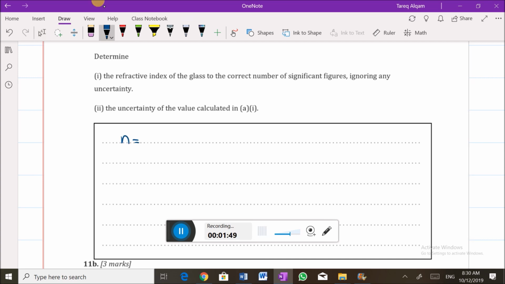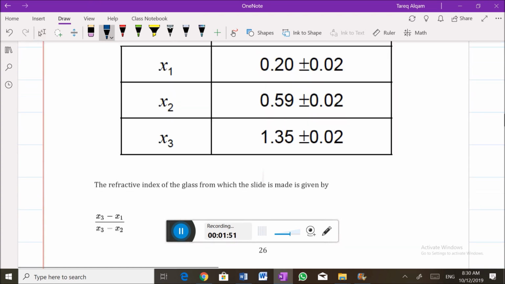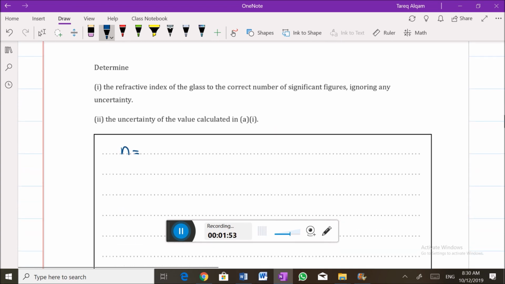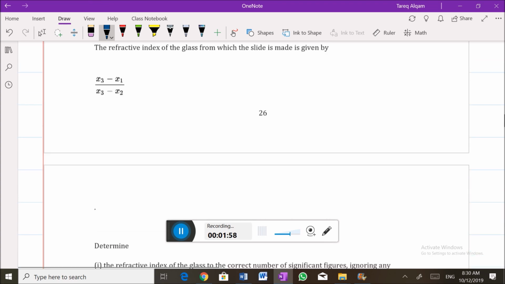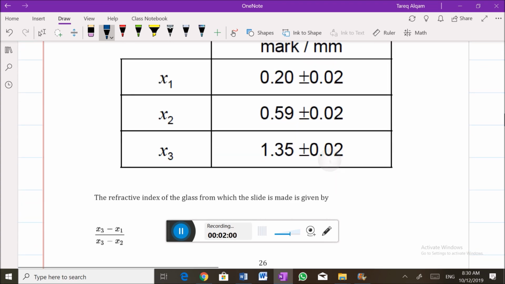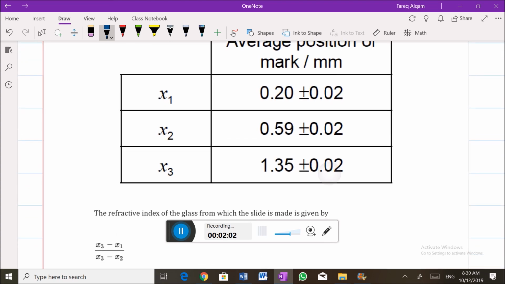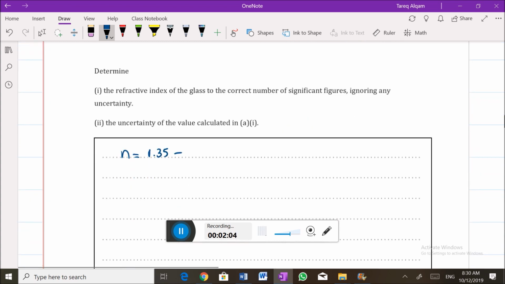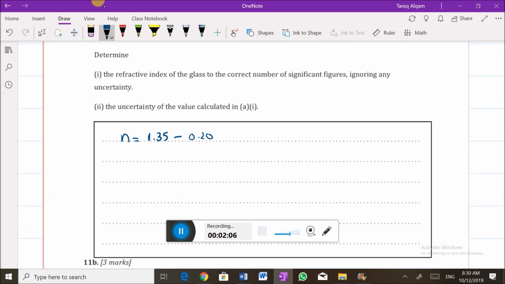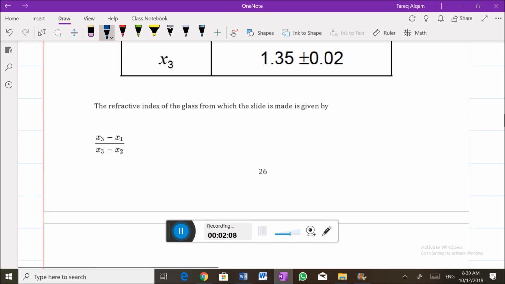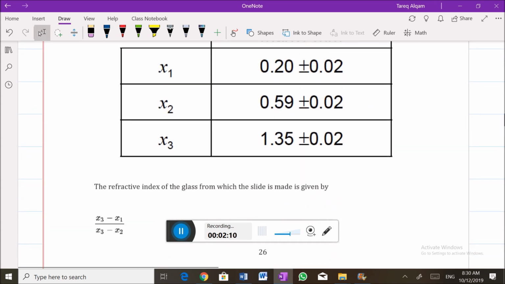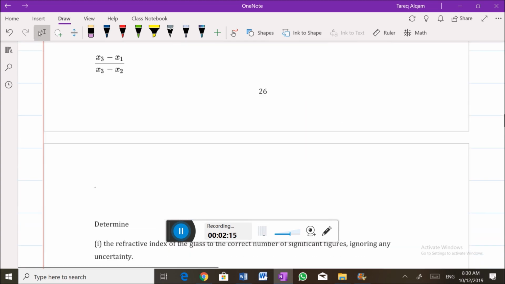Refractive index equals x3, 1.35, minus x1, which is 0.20, over x3, 1.35, minus 0.59.